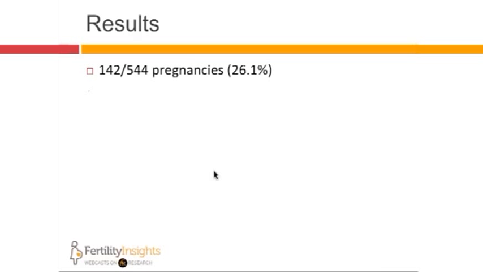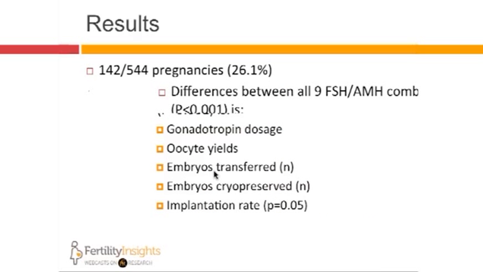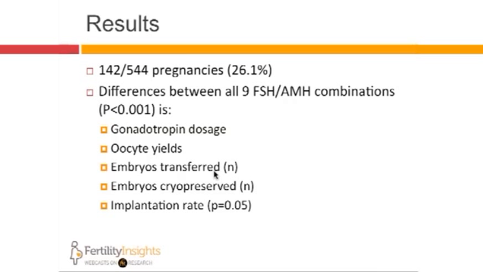Considering the patient population in which the study was done, which was quite adversely selected, as we will be seeing in a moment, the established clinical pregnancy rate of 26.1% is therefore quite remarkable.